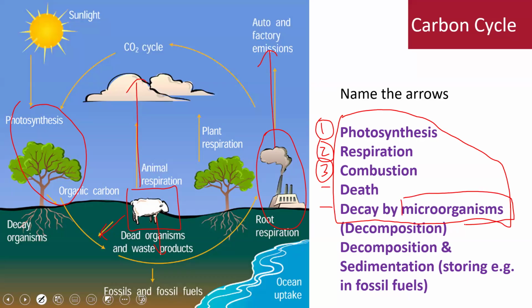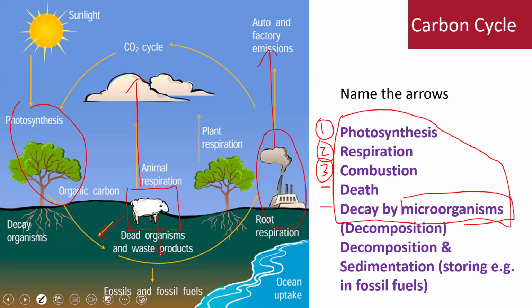I'm just going to remind you: if they talk about the carbon cycle, they want you to write down something to do with photosynthesis, respiration, combustion, and possibly decay. They are the fundamentals for the carbon cycle.